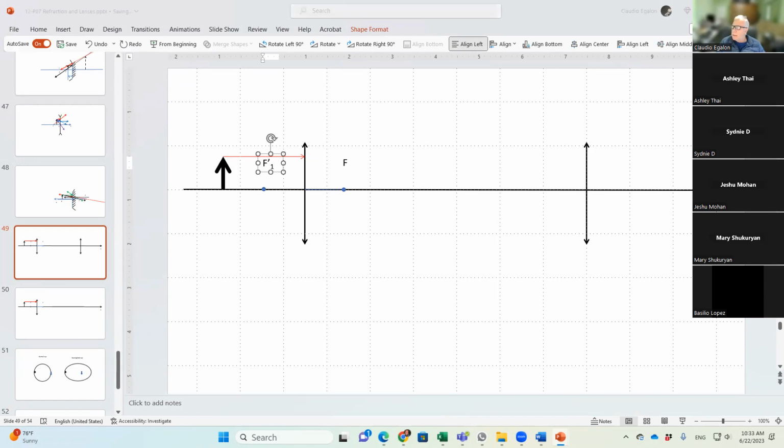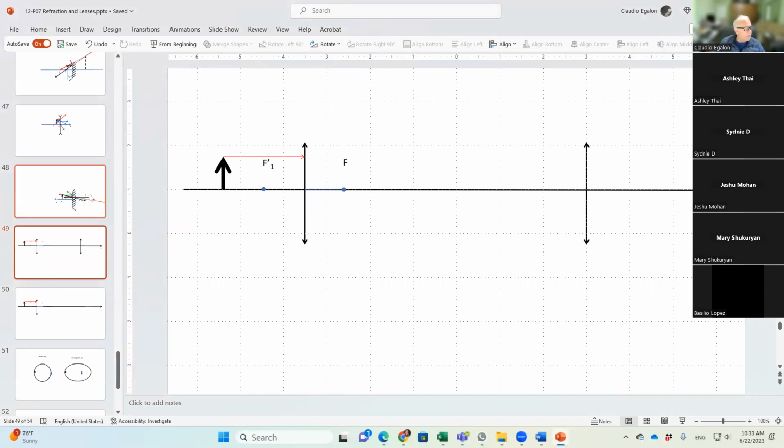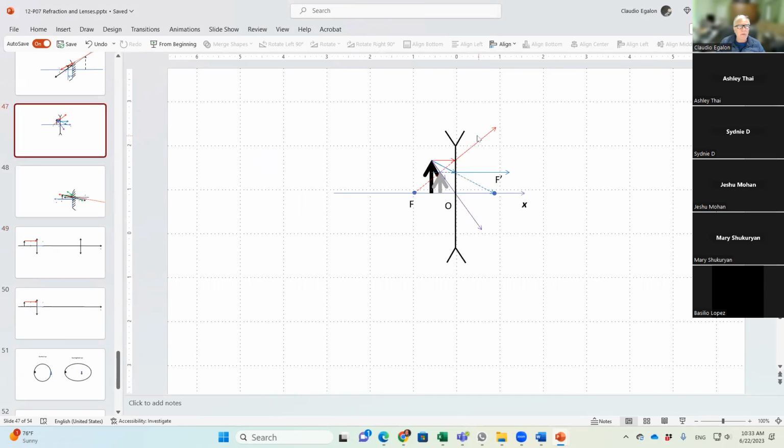Which one? In the book or in my drawing here? The drawing? Oh, it's positive, right? See the arrow? The arrow is in the proper direction, so those are positive lenses. Negative lenses are like that. That's the drawing of a negative lens. Okay?